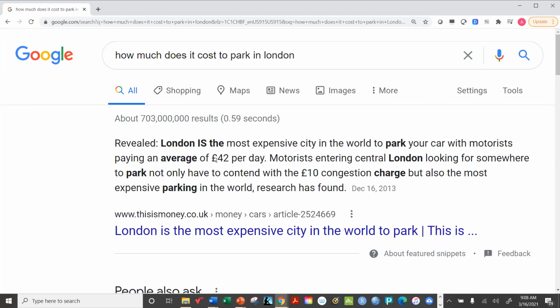That's 57 pounds, which is worth approximately 80 US dollars. 80 US dollars to drive into London and park there. Ouch. Yeah, that hurts. But the problem is that London is a relatively small city as far as highway miles are concerned.